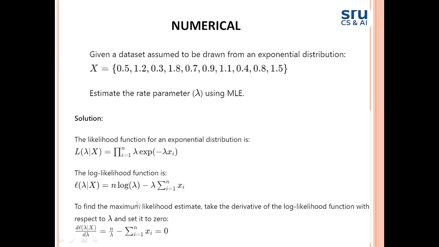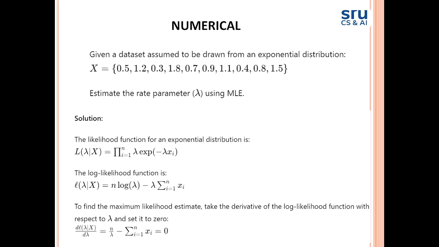So in the previous slide we have seen the log likelihood function is given by this equation. To find the maximum likelihood estimate, we have to take the derivative of the log likelihood function with respect to lambda and set it to 0 because we have to find the maximum value.